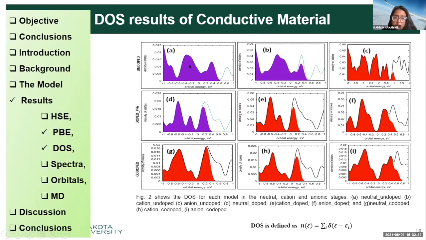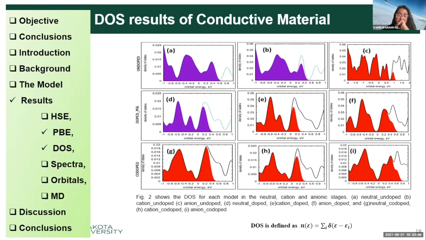For the undoped one, we are able to see that it shows a band gap of around 0.4. But when we did the calculation for the cationic state, it shows that the occupied and unoccupied orbitals actually overlapped with each other.